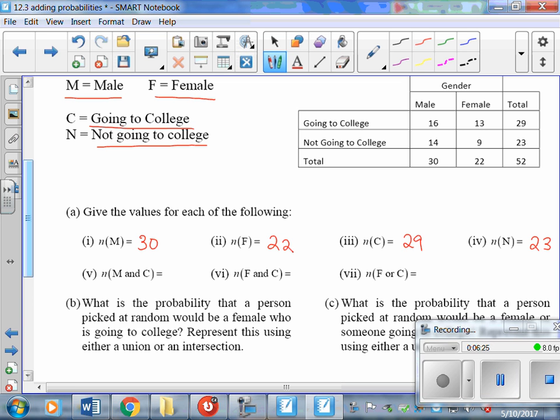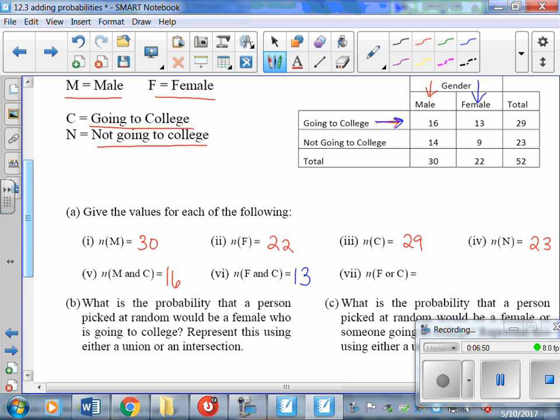So now the second one, in number 5, it says the number of male and going to college. So the number of male, which is right here, and the number going to college, which is right here, would be 16. The number of females and college is going to be 13.